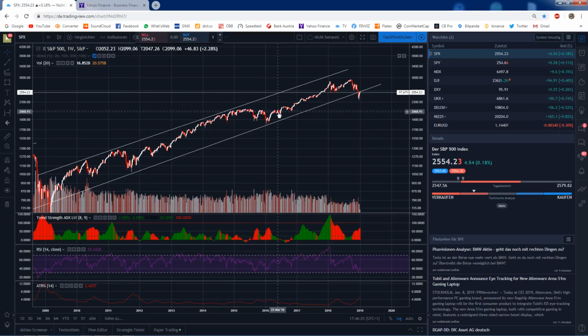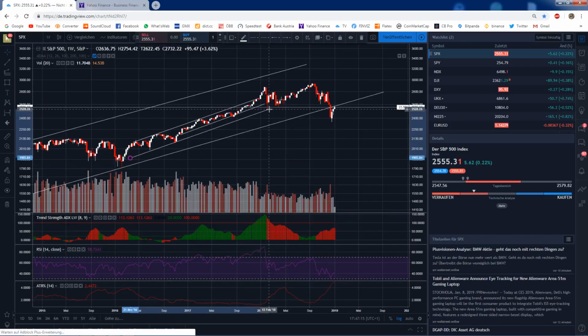But this won't be too important. What is important is that we broke out of this channel we had right here, went back up, corrected through it. This channel became more or less unimportant, or these lines became more or less unimportant.